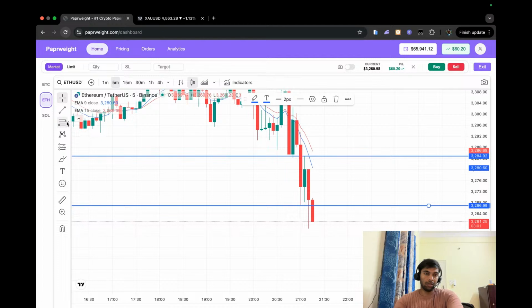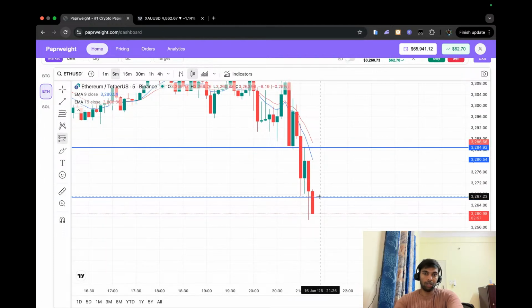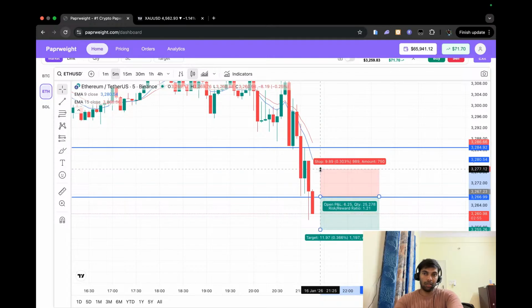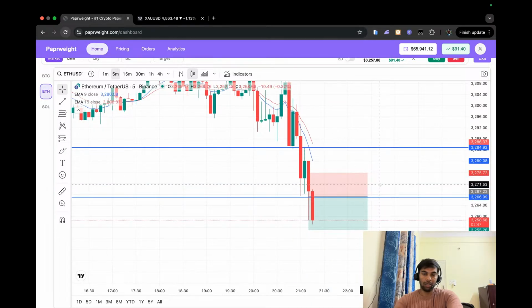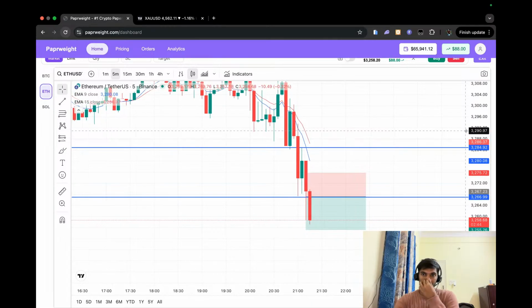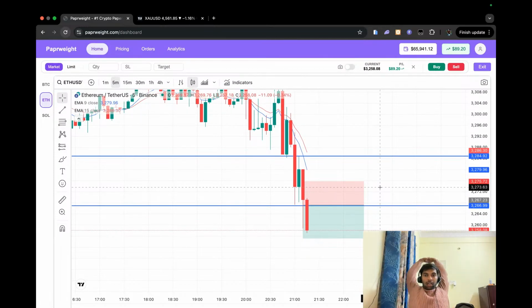Option short. It's my short move. Although my stop loss is more than 50% of this candle, like here. I will definitely add on to my position.